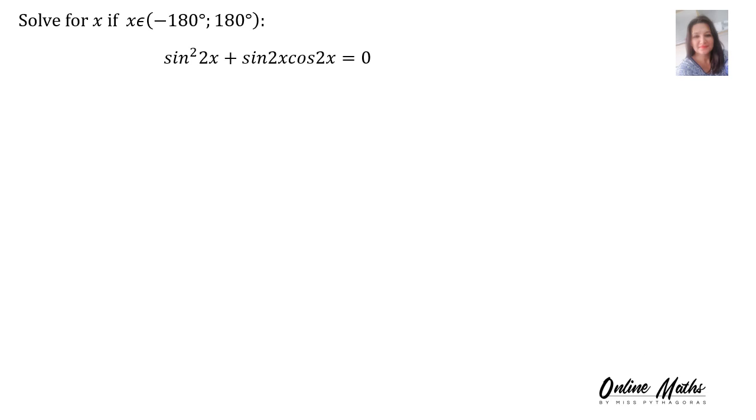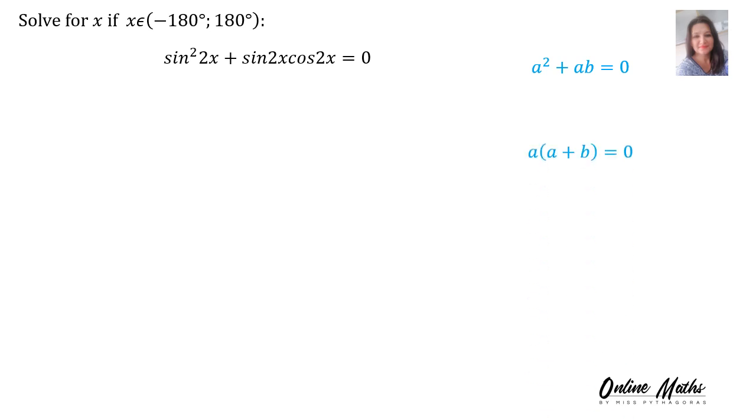Now the equation is sin squared 2x plus sin 2x cos 2x is equal to 0. And remember, in the lesson on identities, I said always try and recognize the algebra inside the trigonometry. So that thing in algebra will be a squared plus ab is equal to 0.